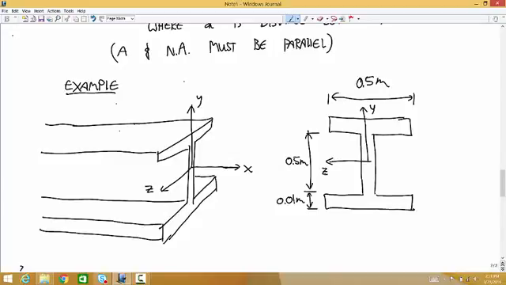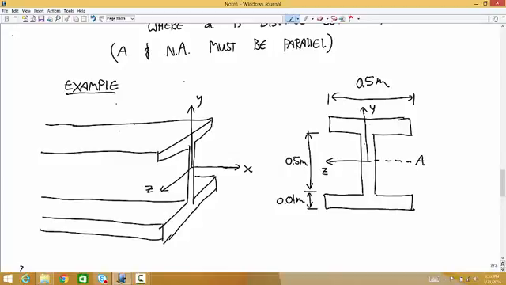We know that just by symmetry. To find the neutral axis, you know it's going to be horizontal. You just have to find the centroid, and we know the centroid of this shape because of symmetry. Okay, so that's the axis.